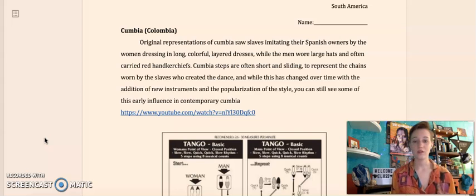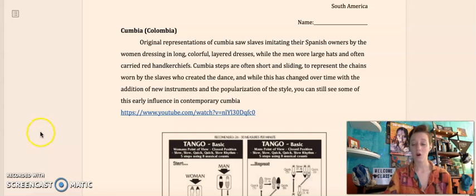The cumbia steps are often really short and sliding, and they were supposed to represent the chains worn by the slaves who created the dance. This has changed a little bit over time with the addition of new types of instruments and with the popularization of the style, but you can still see some of the early influence in contemporary or modern cumbia.